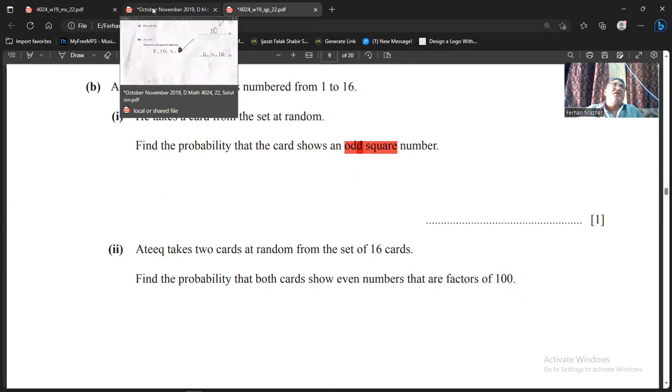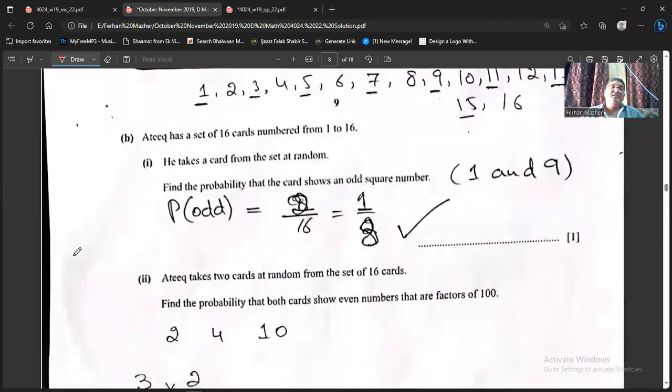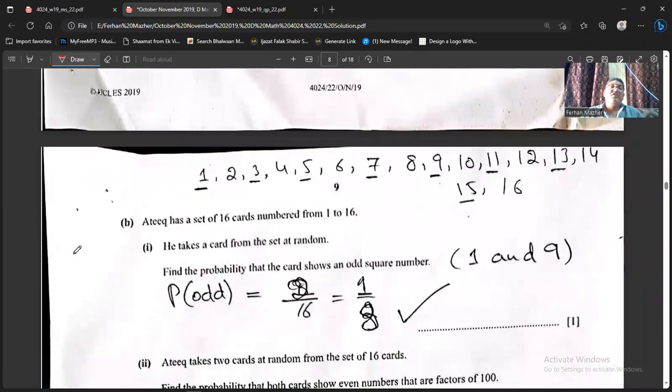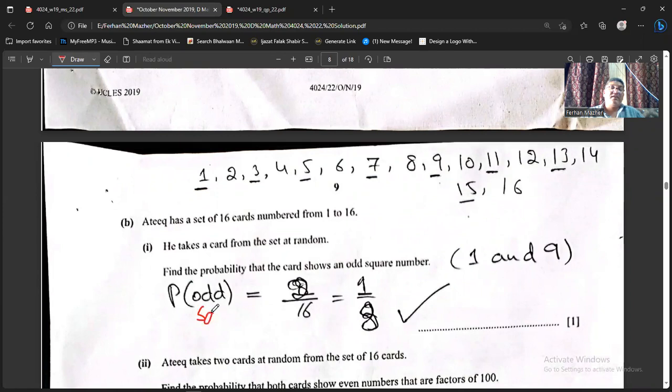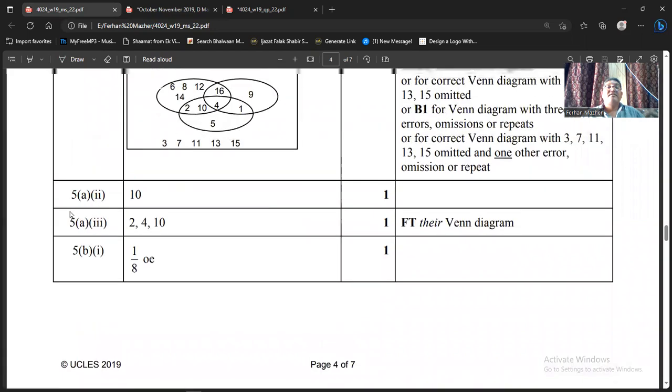Out of these, the odd numbers are 1 and 9. So there are 2 odd numbers which are also square numbers. So the probability of an odd square will be 2 by 16, and that will be 1 by 8. So 1 by 8 is the right answer.